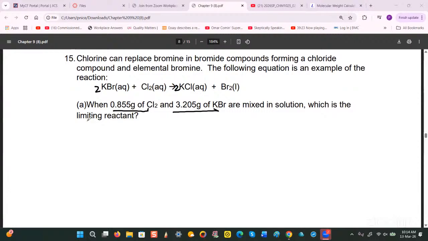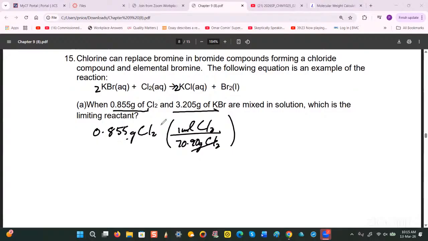So for the chlorine, you start off with 0.855 grams of chlorine and convert that to moles. You put 1 mole of Cl2 down here, and the molar mass of chlorine is 70.90 grams. So this will cancel out with that. And then the next step is where you look at the mole ratio between the chlorine and one of these 2 products. It doesn't matter which one you choose. I'm going to choose the potassium chloride.